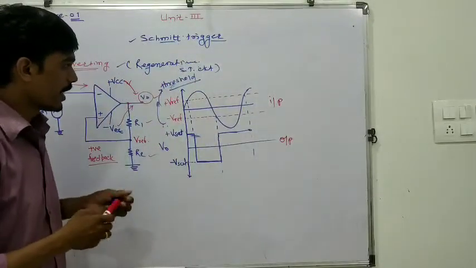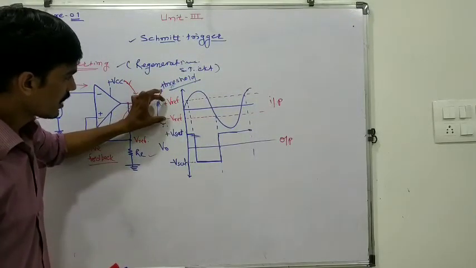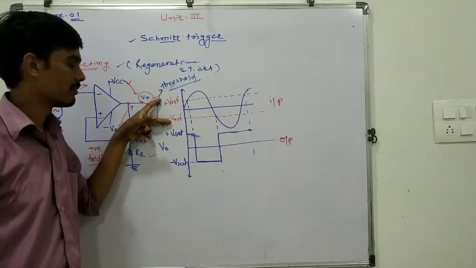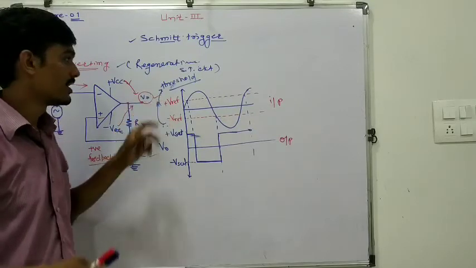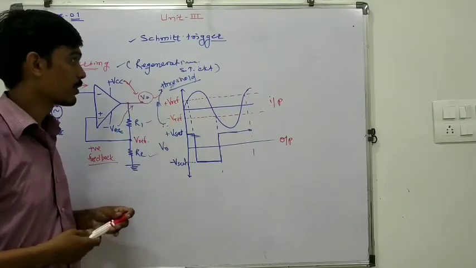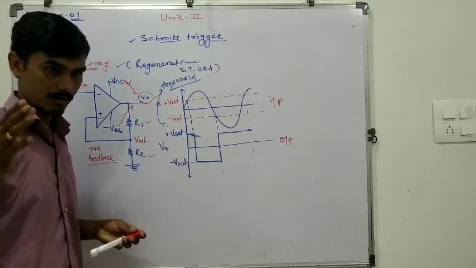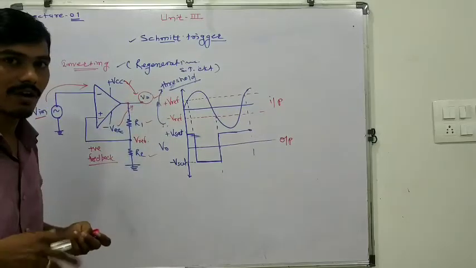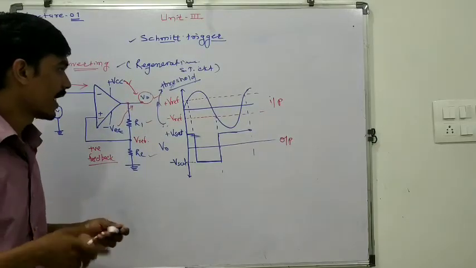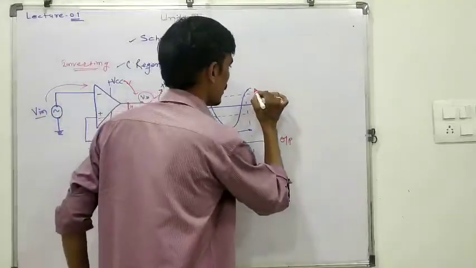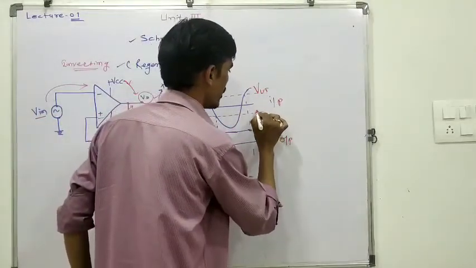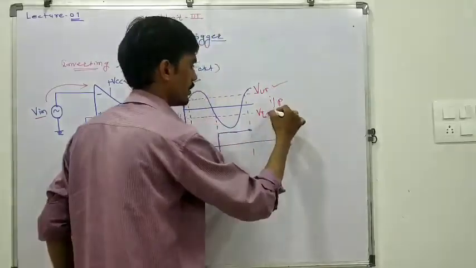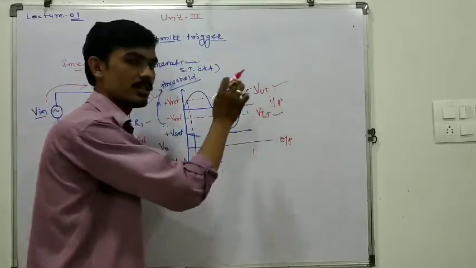From this waveform, it is clear that the input has two reference voltages, plus V reference and minus V reference, and these points are also called threshold voltages. In a Schmitt trigger circuit, this V reference or threshold voltage has two different names: this point is called VUT and this point is called VLT, that is, upper threshold and lower threshold.